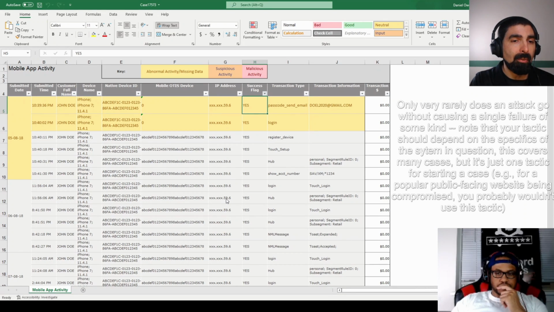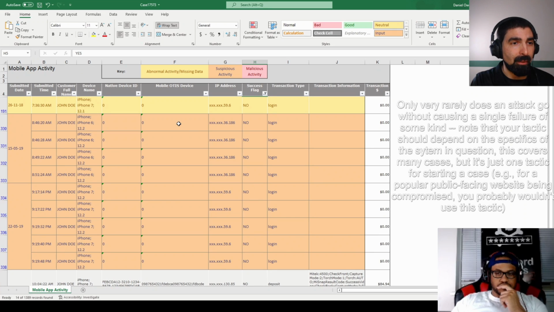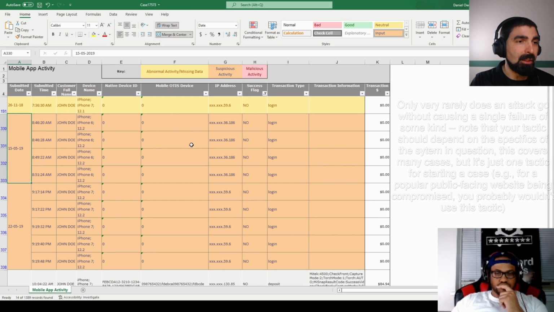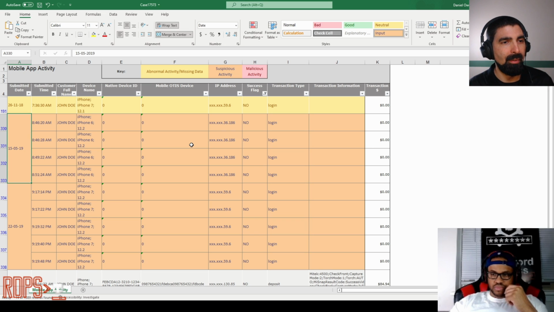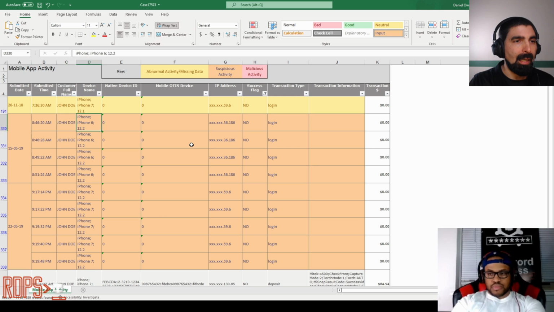If we look at this one and examine the failures first, we're immediately going to see these pre-marked suspicious activities. So now we have an instance with some dates tied to it. We notice that, based on this, the user was using an iPhone 7. Now we've got an iPhone 6, but we also have an iPhone 7 just a few days later.